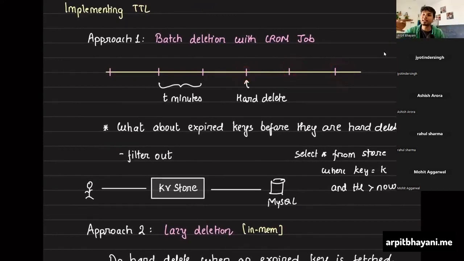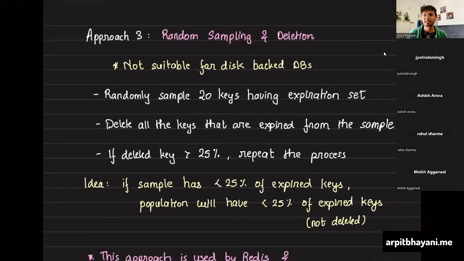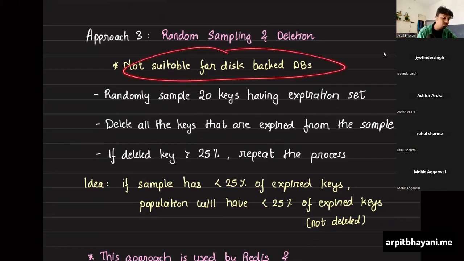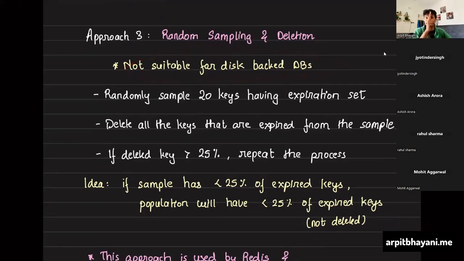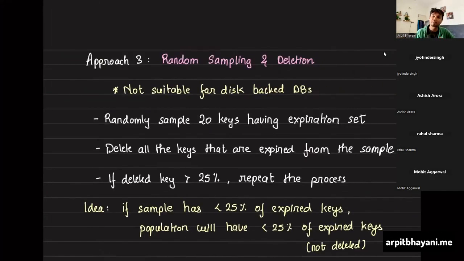So what does this regular periodic job do in the case of Redis? Not our database, but Redis. I'm just leveraging this to discuss a bit of Redis internals. What Redis does is it does not delete all the expired keys. It samples and then deletes some of them. Again, this is not suitable for a disk-based database, only for an in-memory database. In the periodic job, Redis samples exactly 20 keys that have some expiration set.